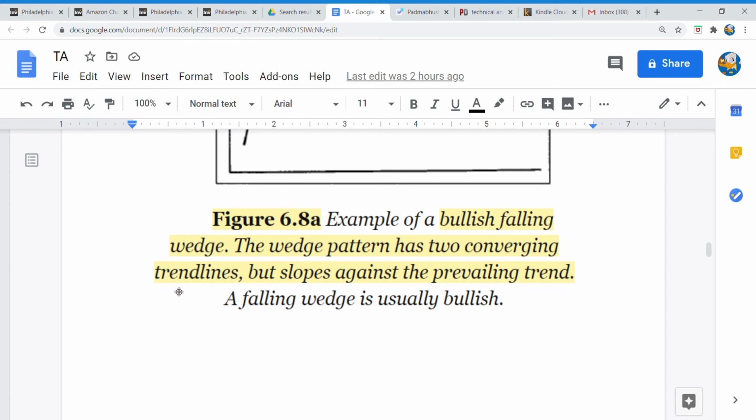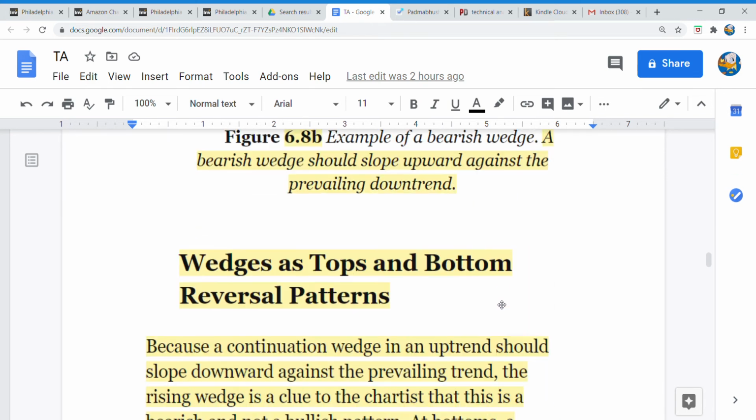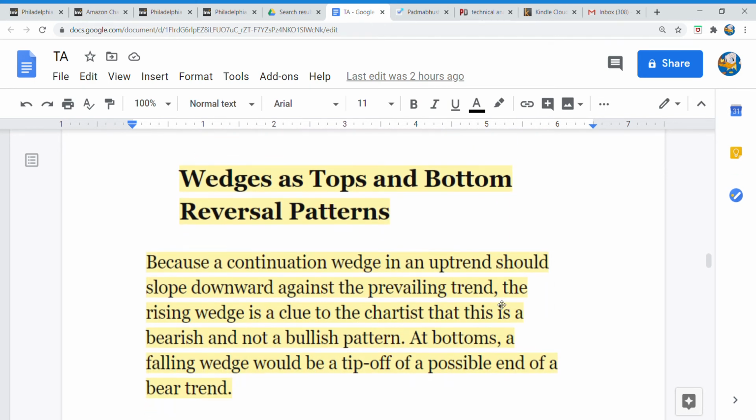Example of a bullish falling wedge. The wedge pattern has two converging trend lines but slopes against the prevailing trend. A bearish wedge should slope upward against the prevailing downtrend. Wedges as top and bottom reversal patterns.